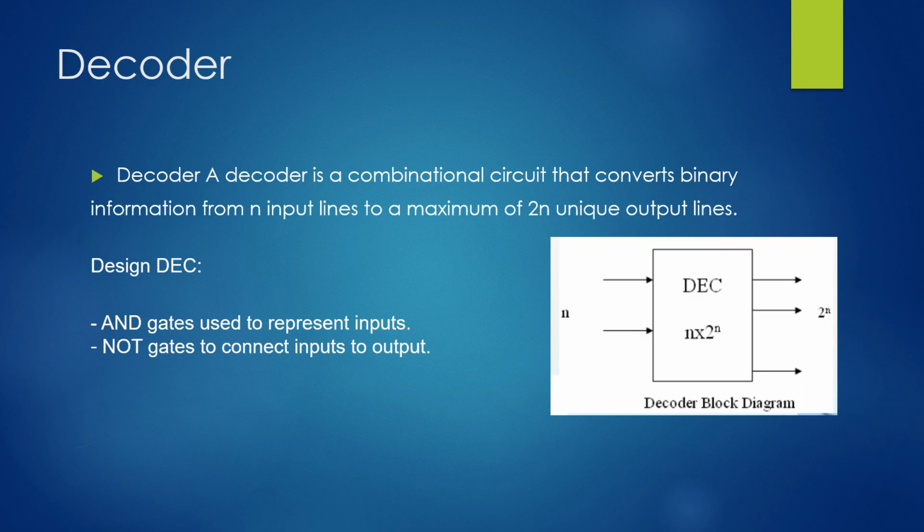And decoder. A decoder is a combinational circuit that converts binary information from n input lines to a maximum of 2 power n unique output lines. Design of decoder: AND gates are used to represent input, NOT gate to connect input to output.